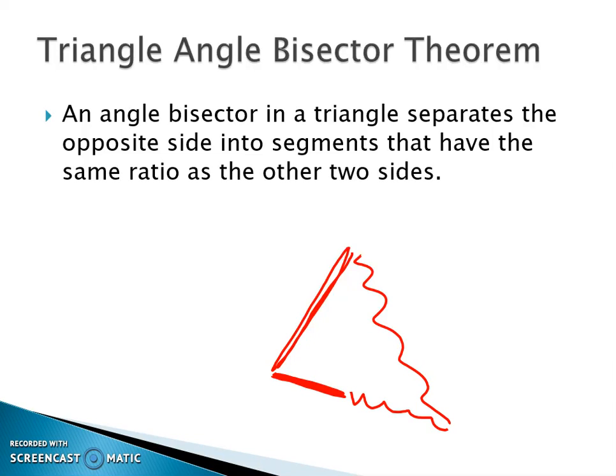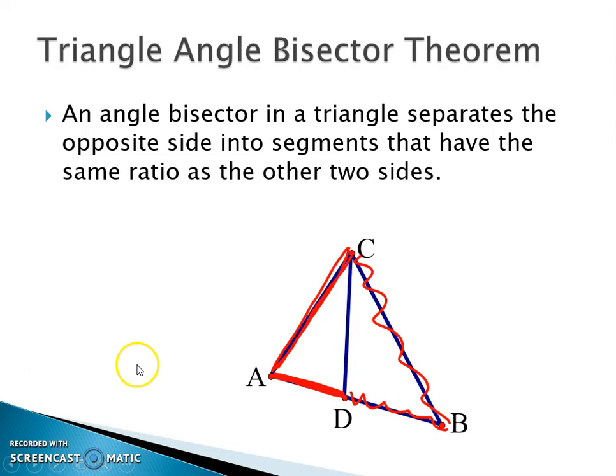Triangle angle bisector theorem: an angle bisector in a triangle separates the opposite side into segments that have the same ratio as the other two sides. So take a look at this triangle.